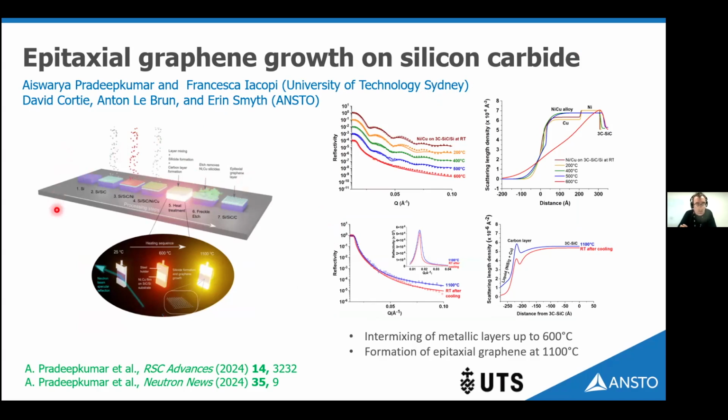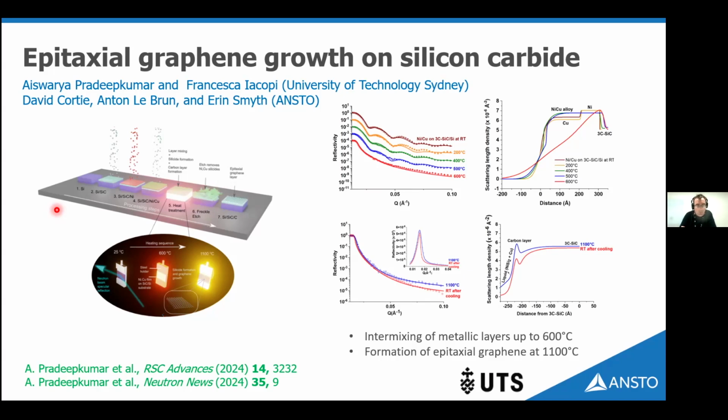So they take a silicon substrate, deposit silicon carbide, then deposit nickel, then a copper layer, and then they heat treat that. And during that heat treatment is when the graphene forms, and then they can etch away the nickel and the copper to leave the graphene layers.